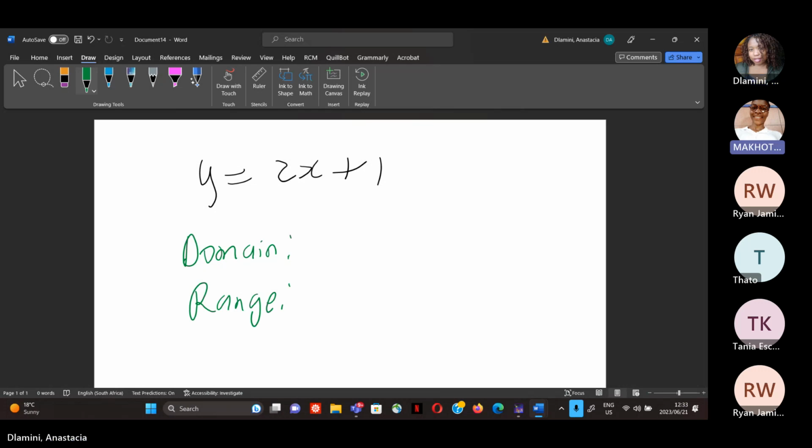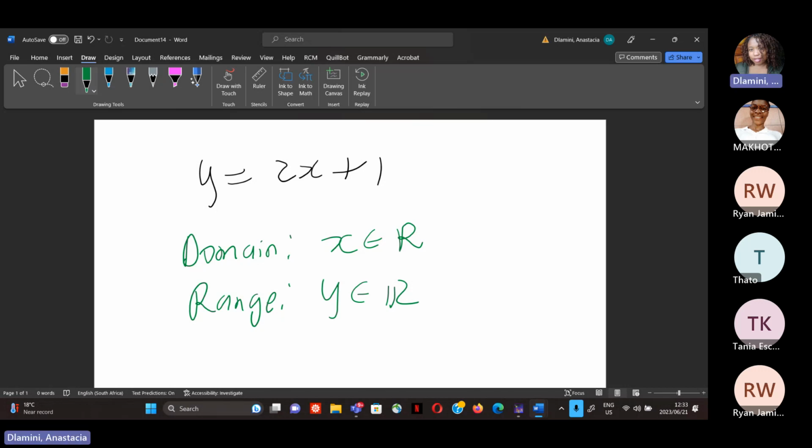Domain: x is an element of the real numbers. Range: y is an element of the real numbers. Good. My brain was telling me it's x, but it's tired. Remember, it's a discussion class. What I write, if it's wrong, we fix it.